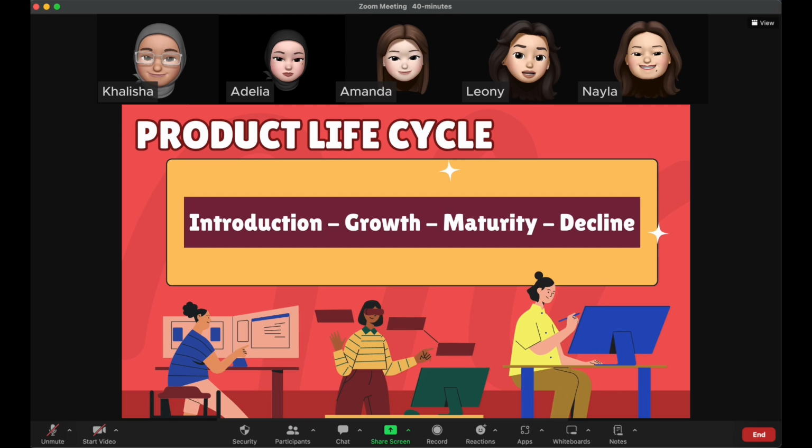It's where the product gains acceptance, its sales increase rapidly, and the profit improves. Next is maturity. It is when sales growth slows as the product reaches market saturation, and the profit stabilizes or begins to decline due to an increase in competition. Lastly is the declining stage, where sales and profit decline as the product becomes outdated due to technological advancement, changing customers' preference, or market situation. Excellent.